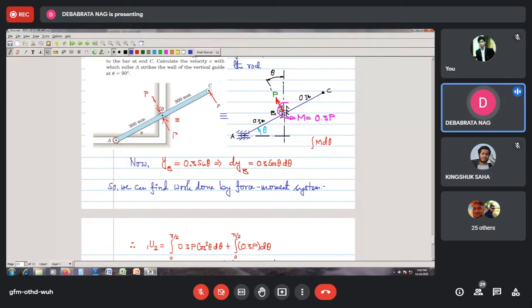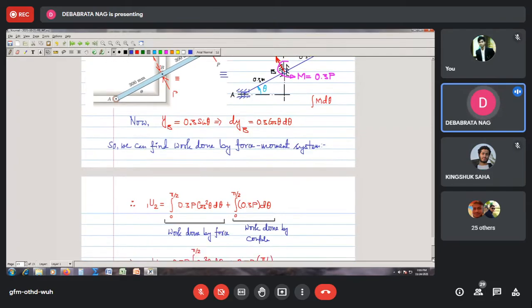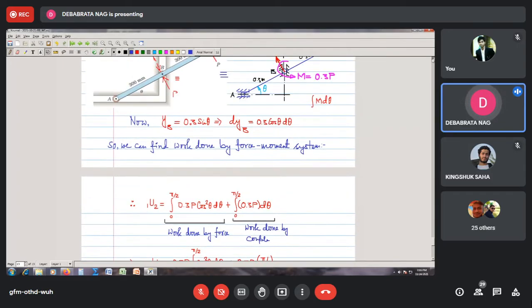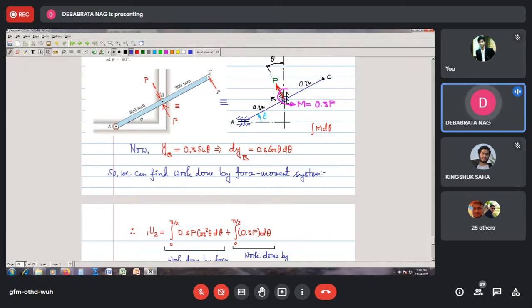You only need to match the work done, which should be 0.225 pi P. Simply calculate it; the rest of the calculation is the same. You can shift the force anywhere, but I shift it to a convenient point. The convenient points are B and A, because for these two points the velocity and displacement are known. What about C? I do not know.